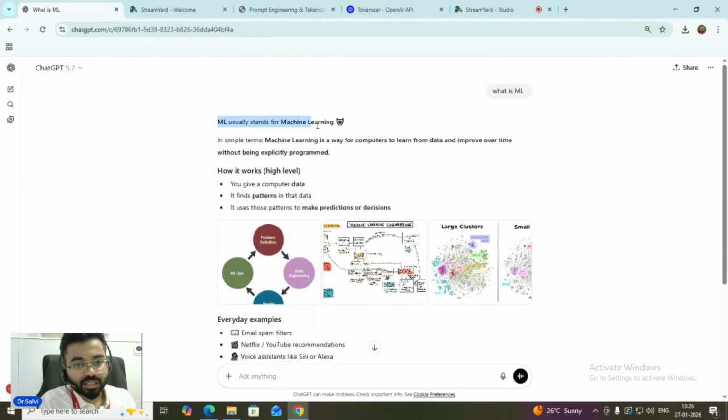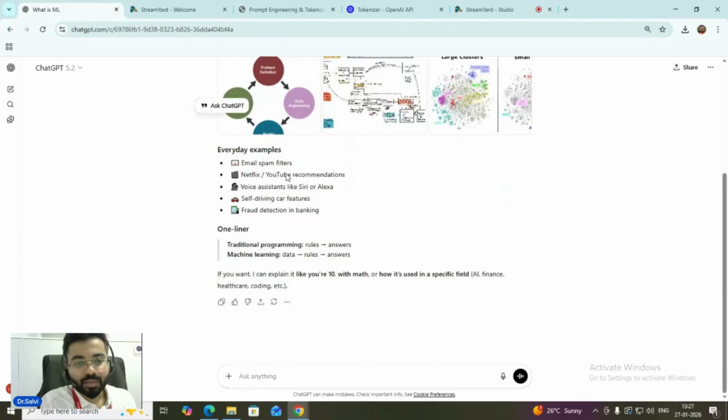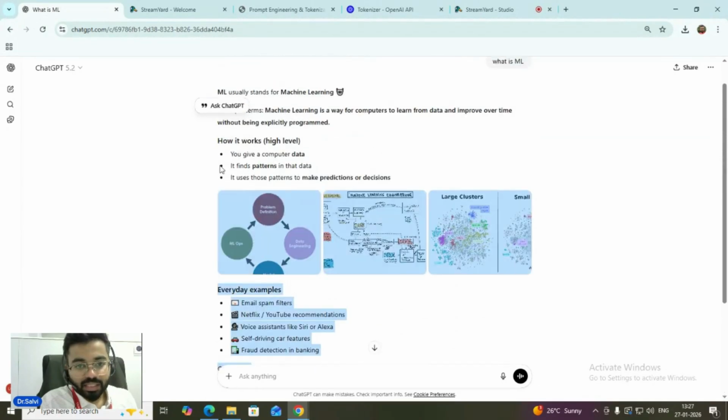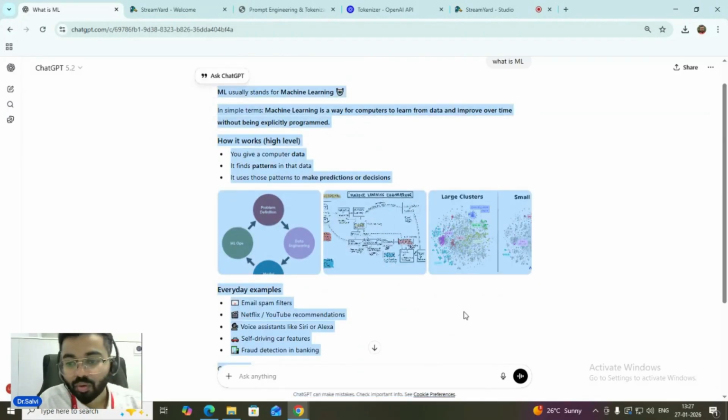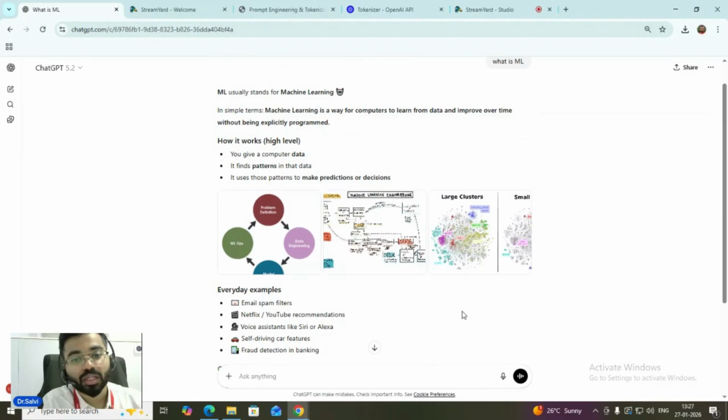It has given me the full form of ML, machine learning, and then some examples and one-liners and all of that. The question is, will this entire thing help me to know more about ML and to solve the problem of ML?